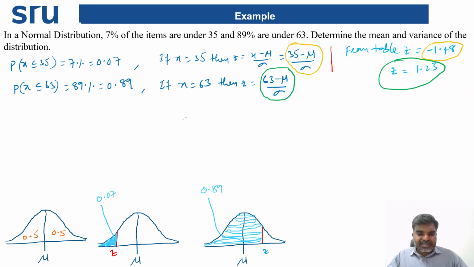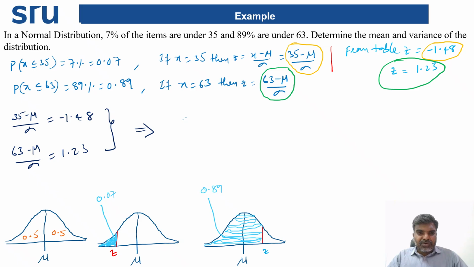In the first case, (35 minus mu) by sigma equals minus 1.48. In the second case, (63 minus mu) by sigma equals 1.23. Left hand side we got from the formula, right hand side value we got from the table. By solving these two equations we can find mu and sigma.